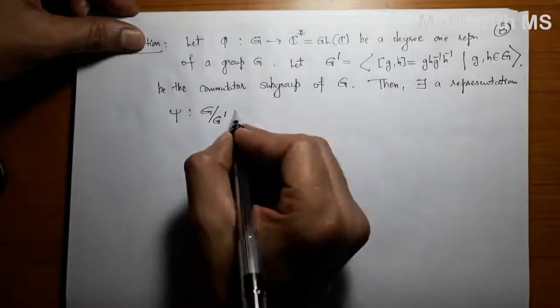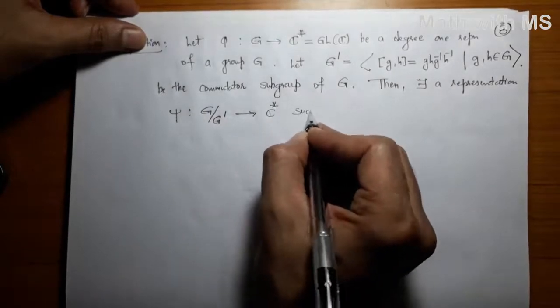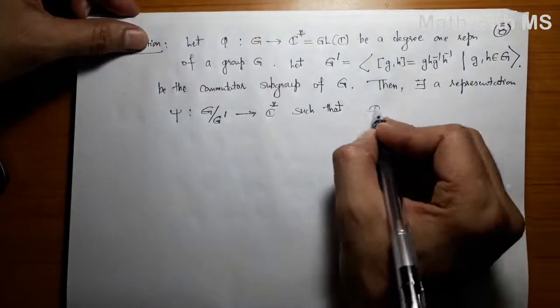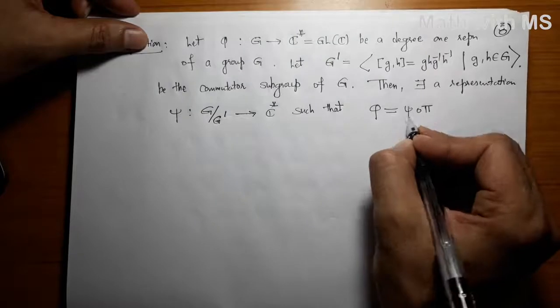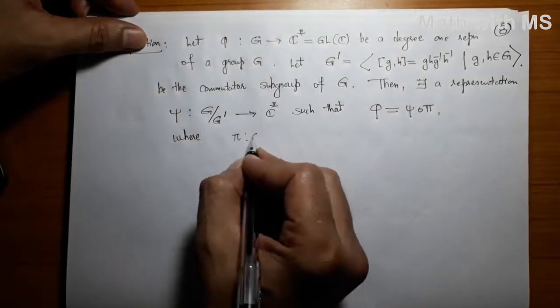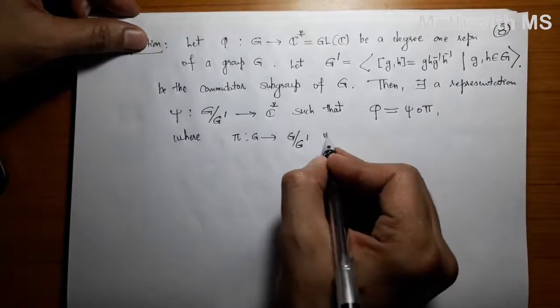So there is a representation psi from G mod G prime into C star, such that your original representation phi can be written as pi composed with psi, where pi from G to G mod G prime is the natural quotient map.